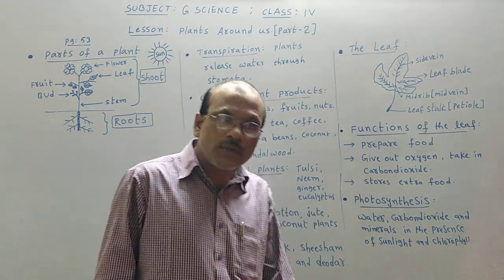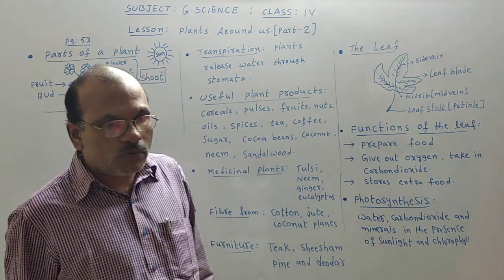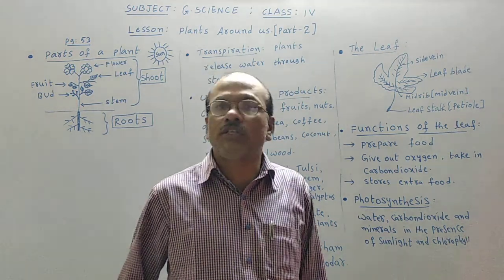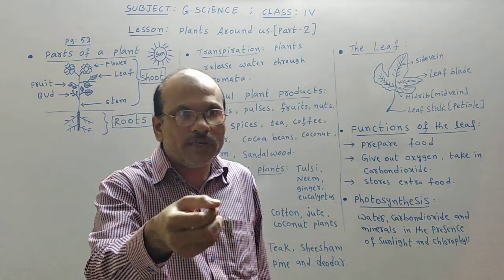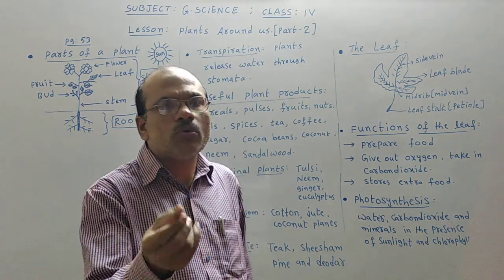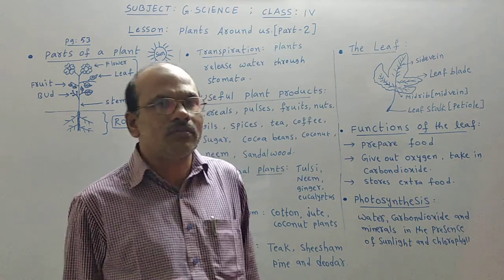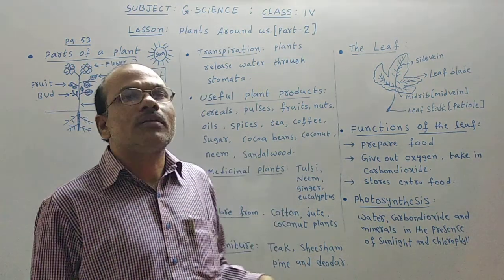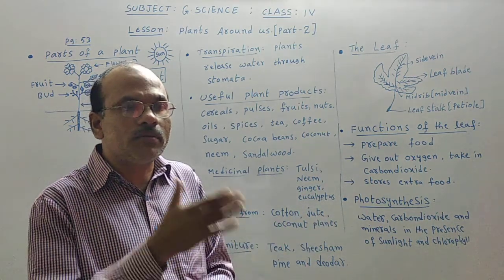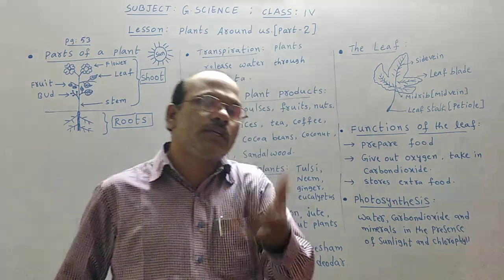Then some leaves store extra food. Now we are eating leafy vegetables. Those leafy vegetables are somewhat thick when we touch them, not thin, so thickness will be there, no? Those are storing food in them, and by washing them and cutting them into small pieces, we were eating them as curries, no?